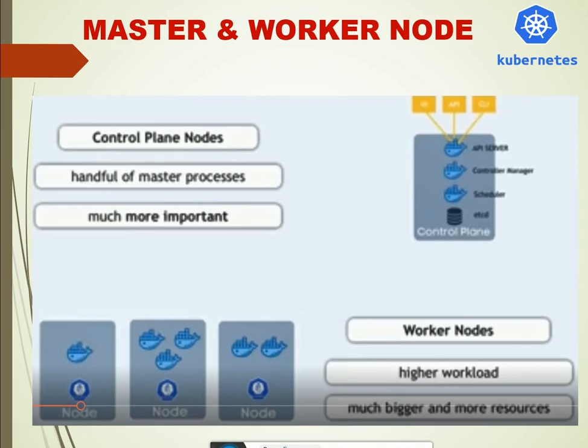Nodes are also known as worker nodes, where all the container applications or the pods will execute. They have a higher workload, so they are much bigger and have more resources.